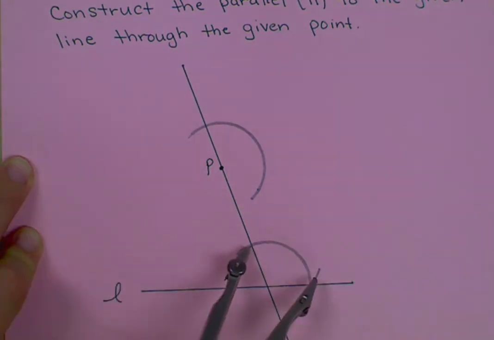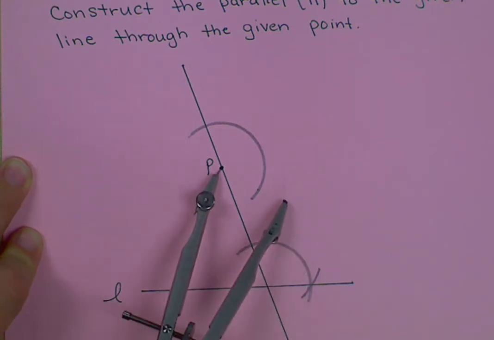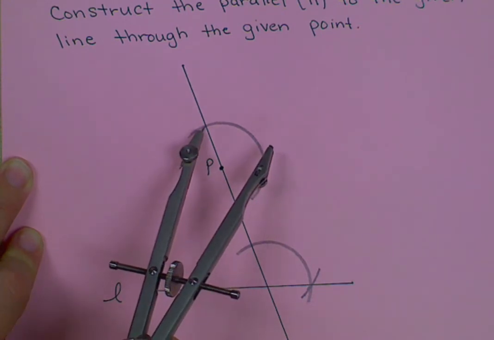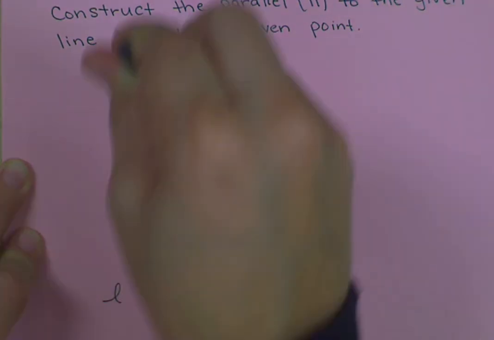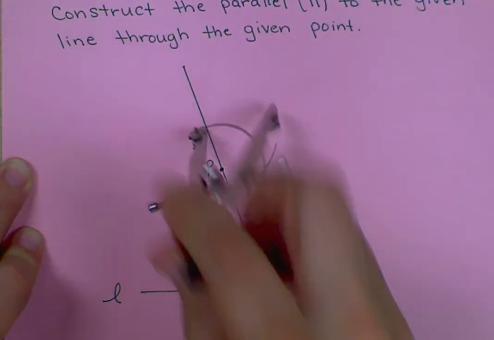Now again, we set it and forget it. Walk your compass up past P where your first arc met at the transversal. Put your compass in there and then create your arc here.